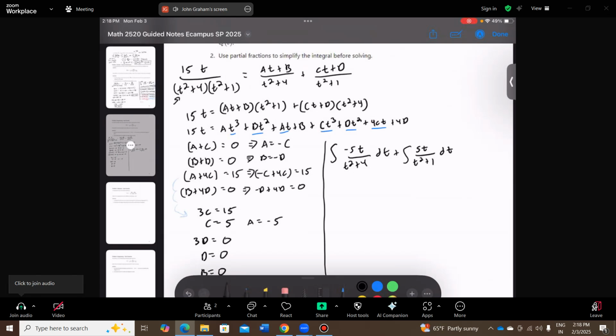So when we do these integrals, we'll get negative 5 natural log of t squared plus 4, and then we have to divide this by the 2 because of the 2t. Divided by 2. And then this one, very similar: 5 natural log of t squared plus 1, and then divided by the 2.